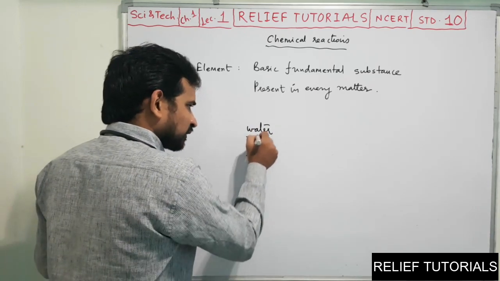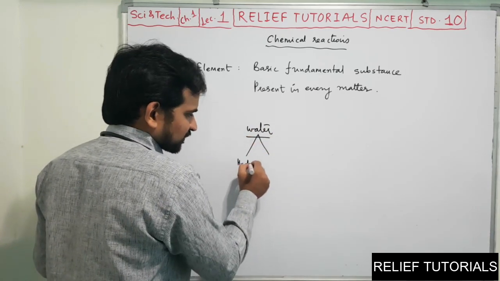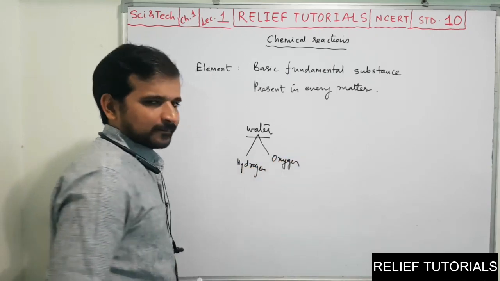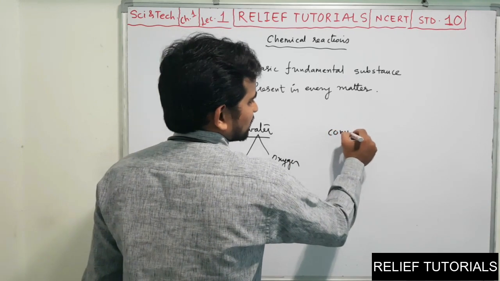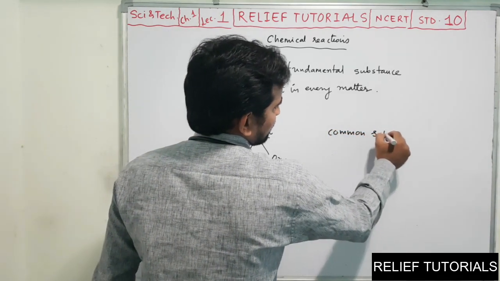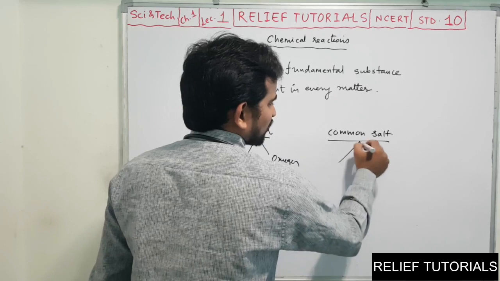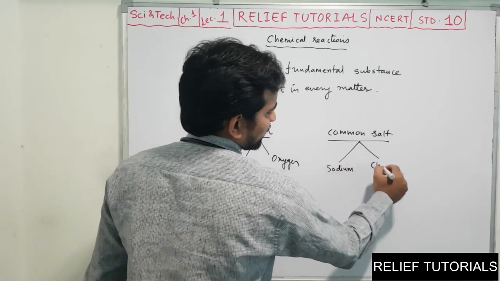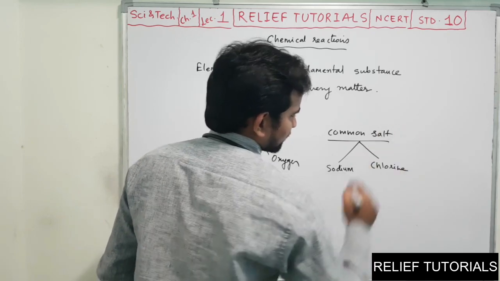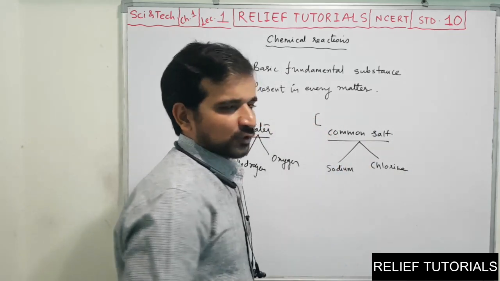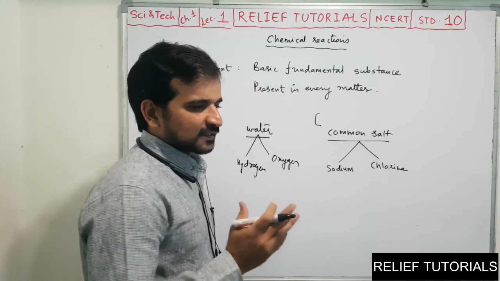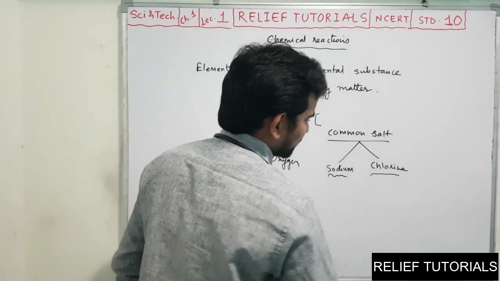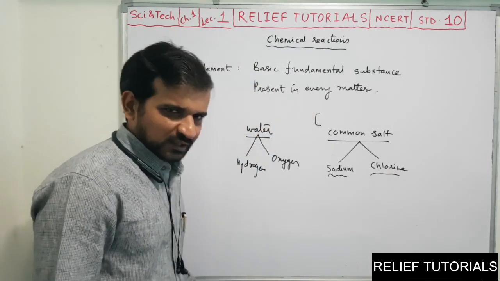So we know the water is made up of two fundamental substances, hydrogen and oxygen. Let us say common salt. We know that common salt is basically made up of sodium and chlorine. We know the chemical name of common salt is sodium chloride. Its chemical name. The basic substance present in them is sodium and chlorine.